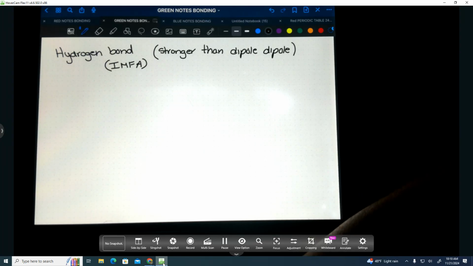The harder it is for you to get away. So when you have solids, your intermolecular forces of attraction are very strong. These molecules that are making up the tabletop here are hugging each other very tightly. I can't get them apart. I can't move them.